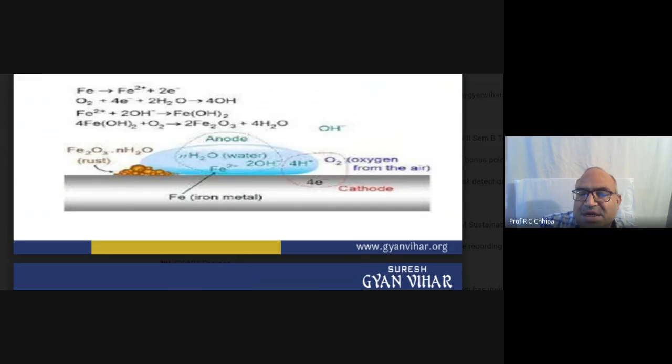So iron is in the form of iron 2+ in this system. In the presence of moisture, water and oxygen, by the above reaction we finally get iron oxide, Fe2O3.